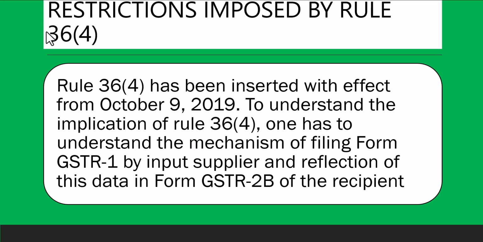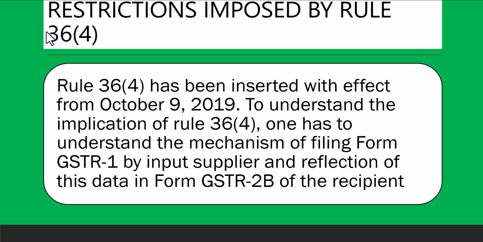Something which has not been populated in GSTR2B, you will not be able to take the input credit. If there is a delay on the side of your supplier to file the GSTR1 return, you will be entitled to that input credit only when he files his GSTR1 return. If he doesn't file, then you lose the input credit.